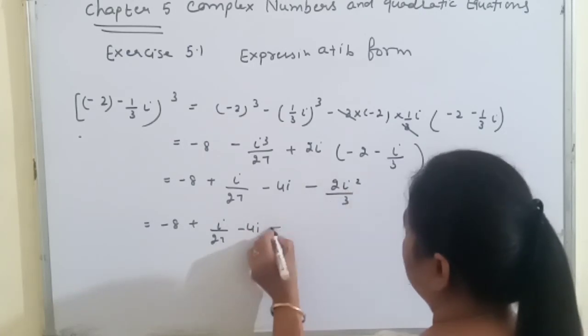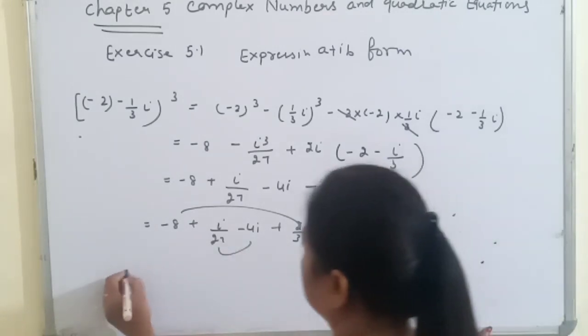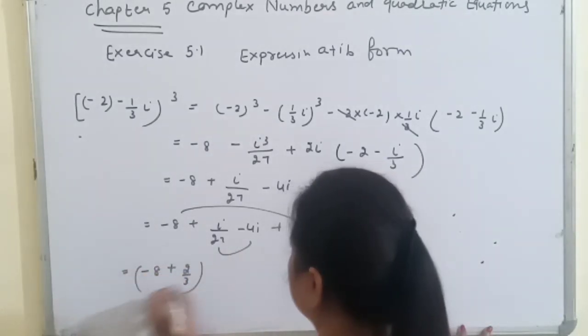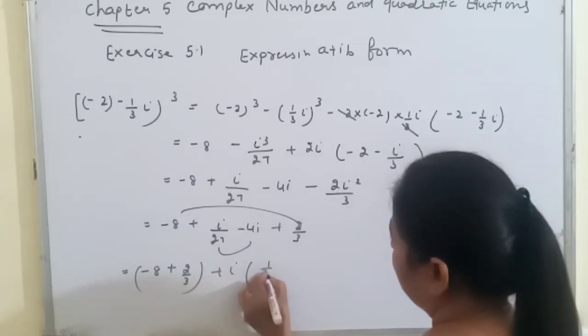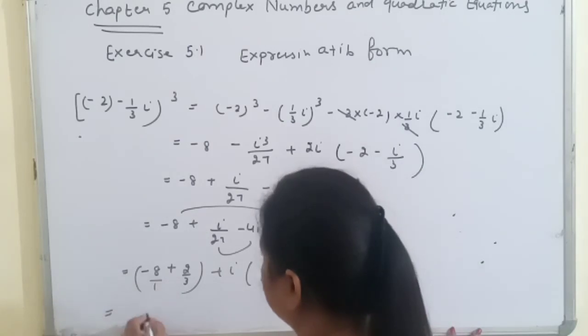Now iota square is minus 1, this will become 2 by 3. Now collect the real numbers: minus 8 plus 2 by 3, plus iota (1 by 27 minus 4). Solve it.